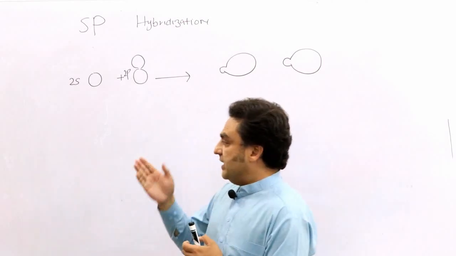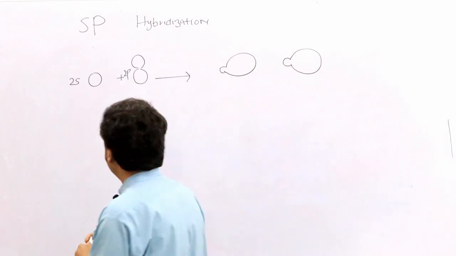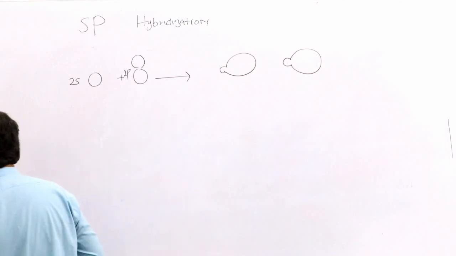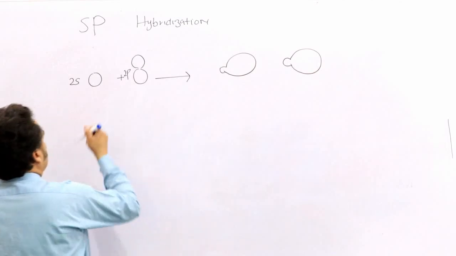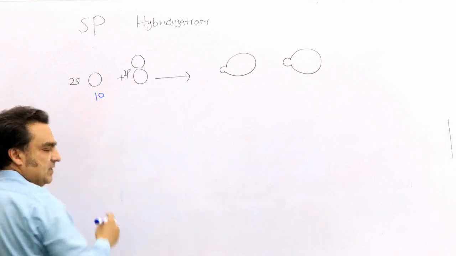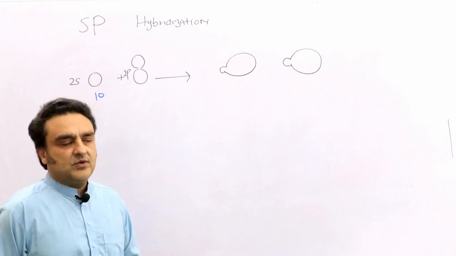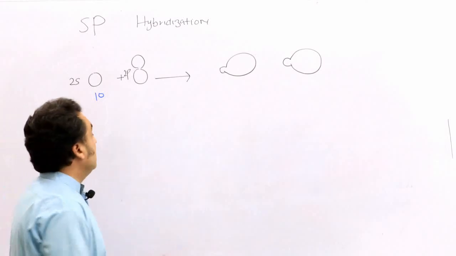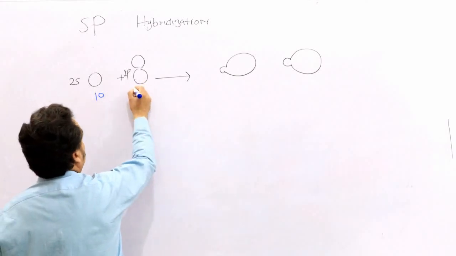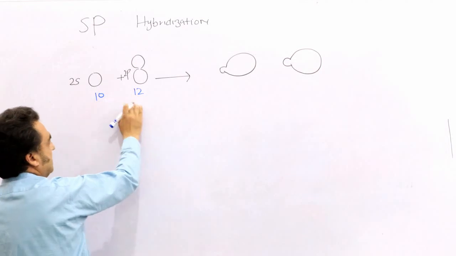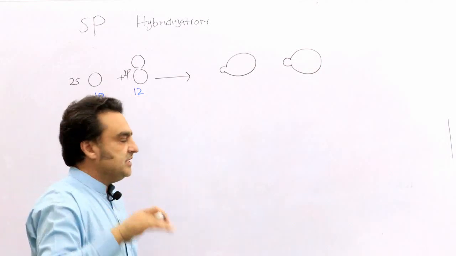As I assigned the value to the s orbital, it was assigned an energy value of 10 without any unit, because we don't need any unit, and another random value of 12 for the p orbitals, because 12 is more than 10, so the p orbitals are a little bit higher in energy.